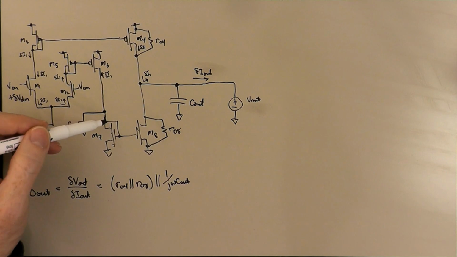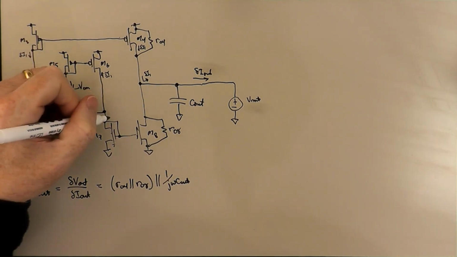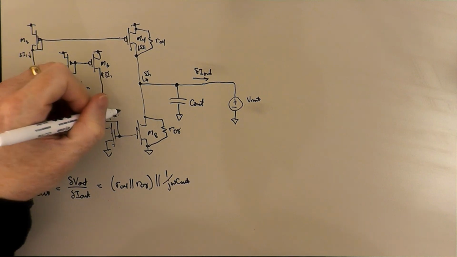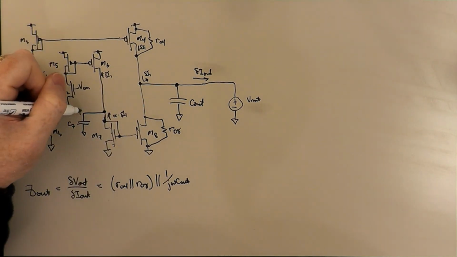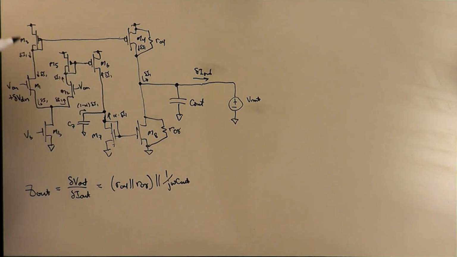And so we have here a two-way current divider. Some of it will come from the current mirror. We could call that alpha times delta I1, where alpha is going to be a current divider ratio, and 1 minus alpha of it will come from C7.